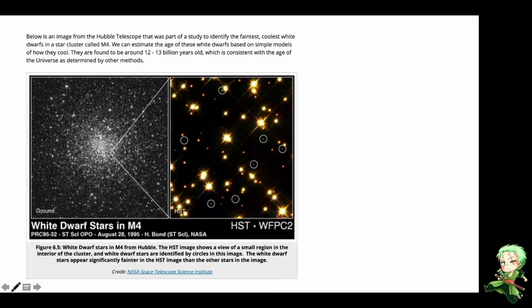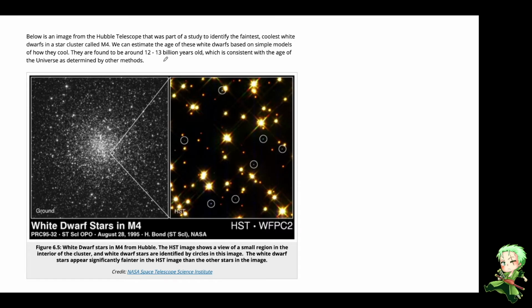So, this is an example of a white dwarf imaged by the Hubble telescope. Okay, these are cool white dwarfs in the star cluster M4. You can estimate the age of this white dwarf based on some models and it's found to be 12 to 13 billion years old, which is consistent with the age of the universe.